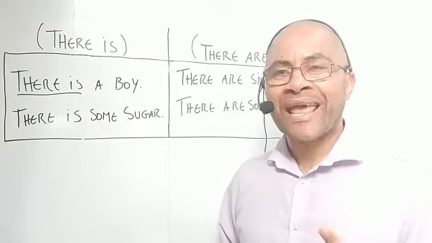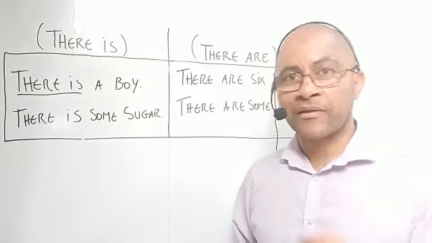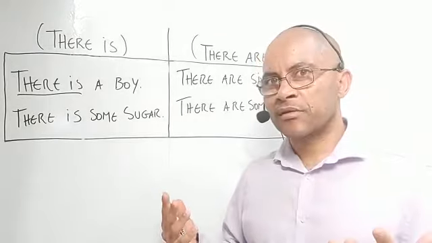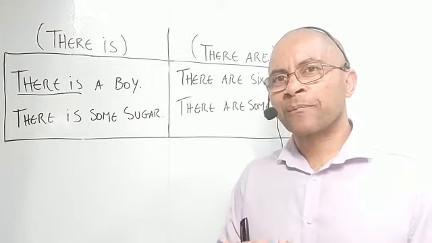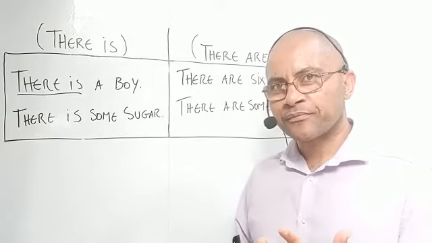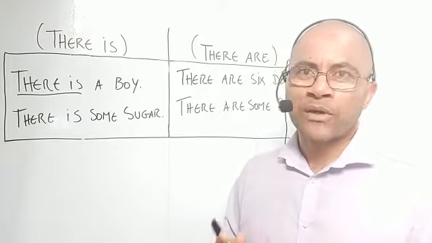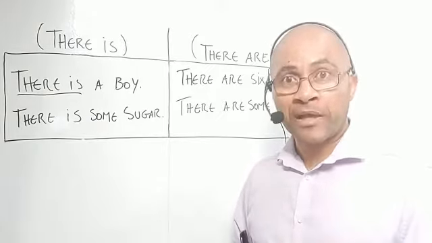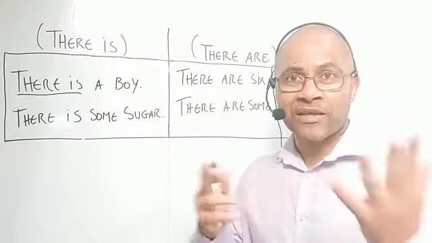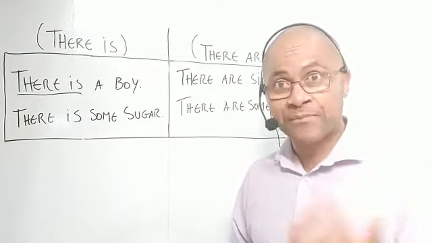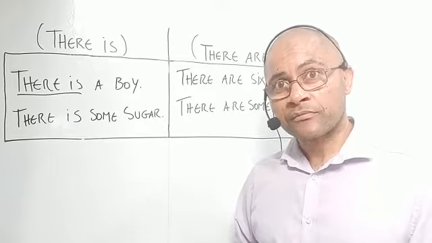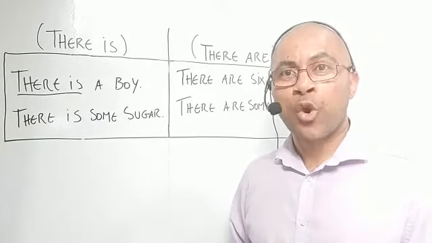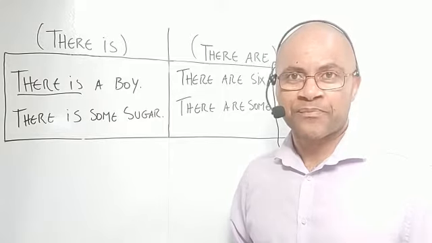There isn't any milk. There isn't any milk. Some disappears when we're dealing with question and negative. Okay? And then the question would be, is there any milk? For example, is there any milk left? Okay? And the answers, yes, there is, or no, there isn't.